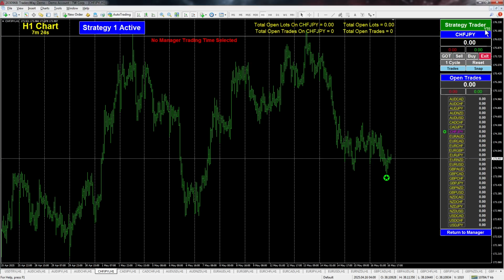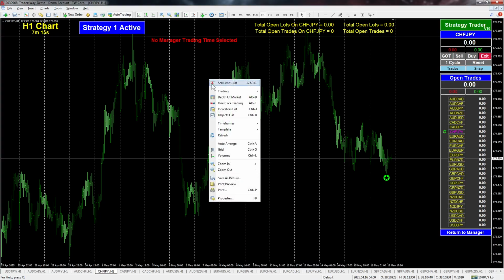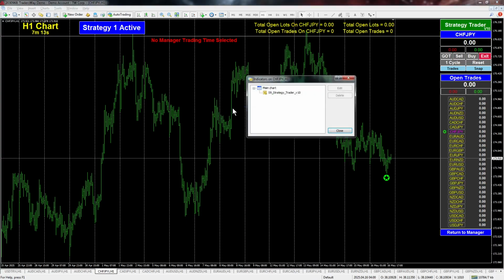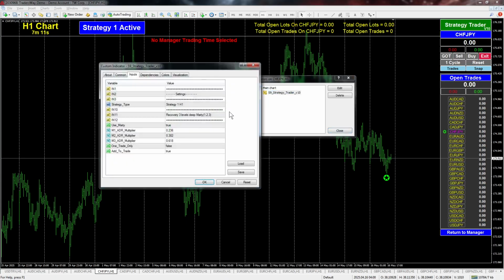But this is the version 10 of Strategy Trader. And if you've looked at how many of our other ones, they're basically the same. These are what we have in the settings. You have a choice of the 5 different strategies. Now, number 1, remember, requires the most filters.